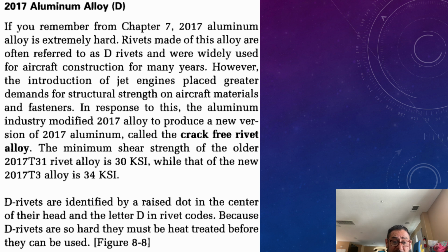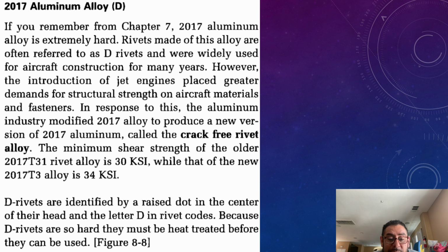In response to this, the aluminum industry modified the 2017 alloy to produce a new version of the 2017 aluminum called crack-free rivet alloy. The minimum shear strength of the older 2017-T31 rivet alloy is 30 ksi, while the new 2017-T3 alloy is 34 ksi.